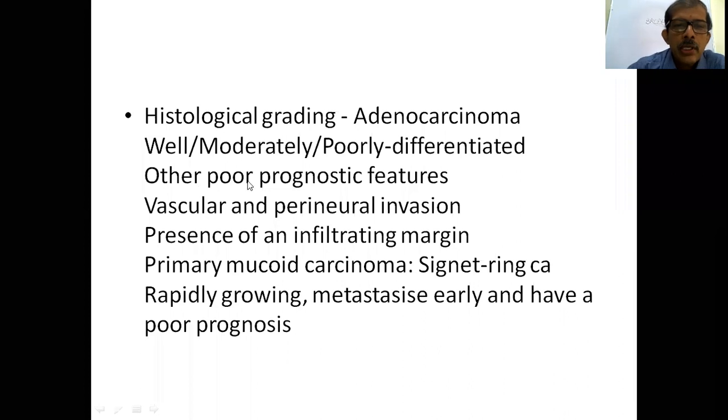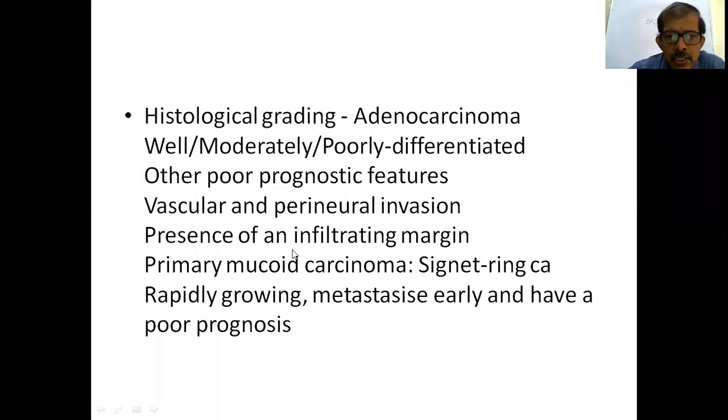Okay. So what are the poor prognostic factors? Once there is vascular perineural invasion, that is poor prognosis. Similarly, the margin is infiltrating. That means you have not resected it. That means there is positive margin.